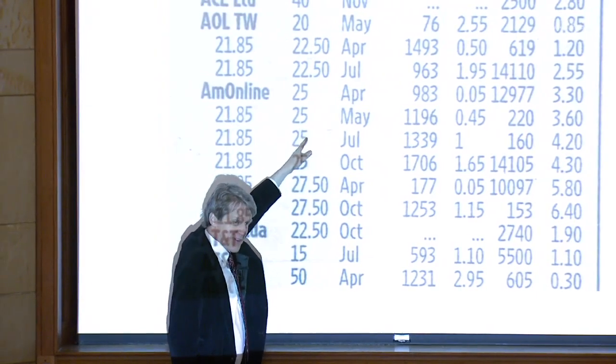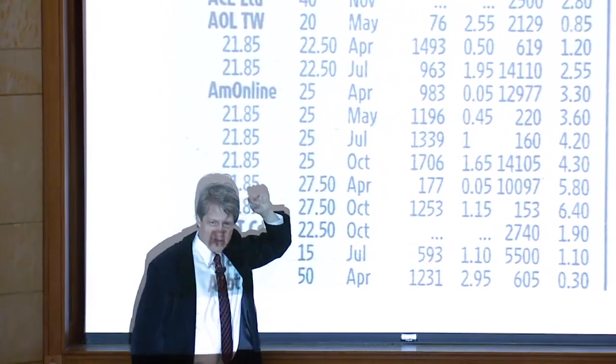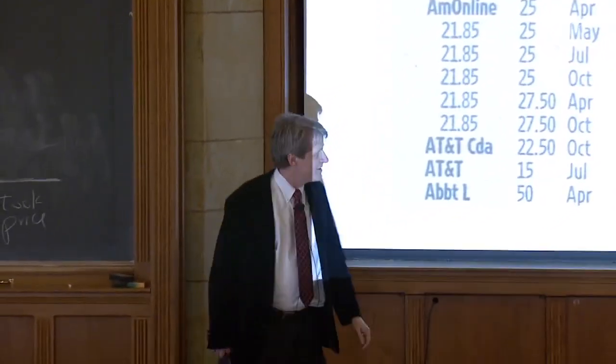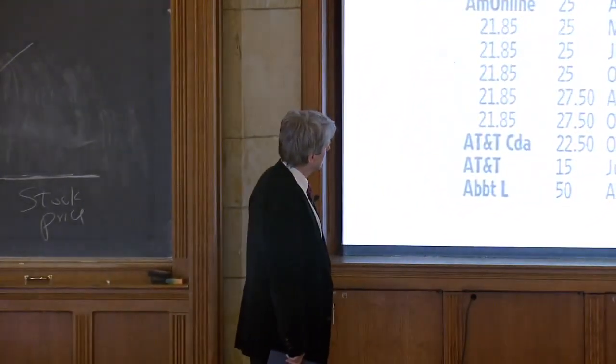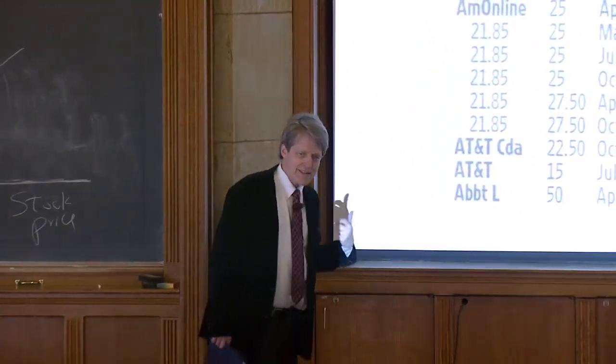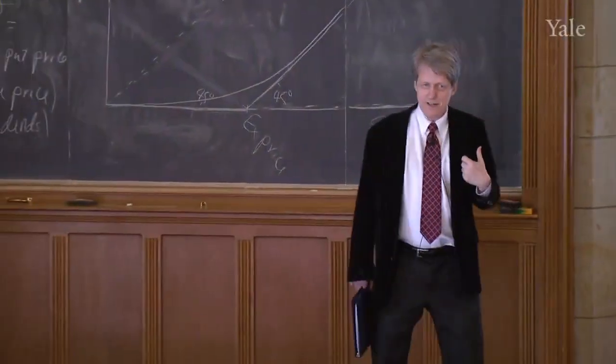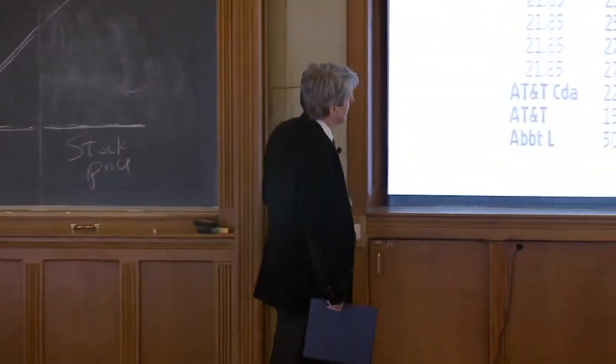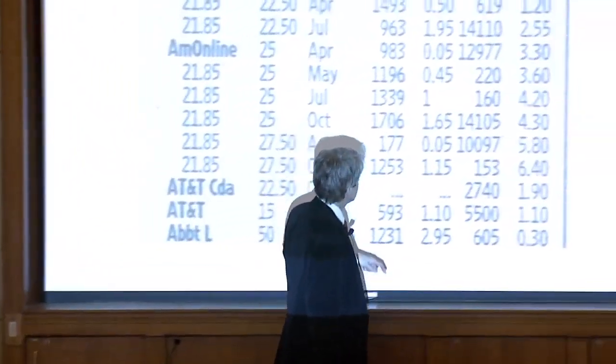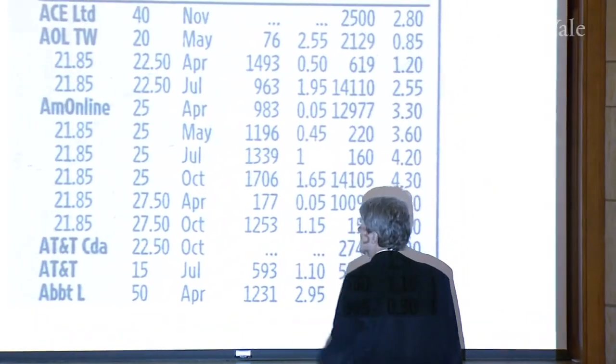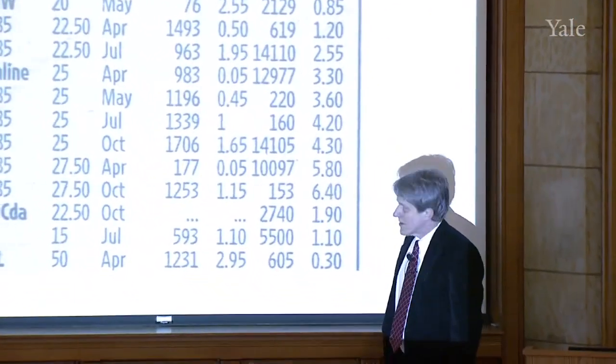All right, that's going to be worthless unless the stock price goes up before it expires. So it's only worth something because there's a chance that it will be worth something on the exercise date. And what are people paying for that chance? 45 cents. Not much. Why are they paying so little?